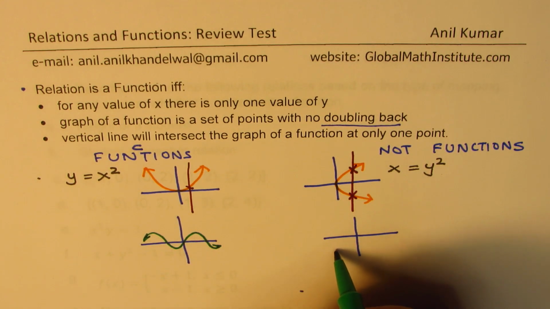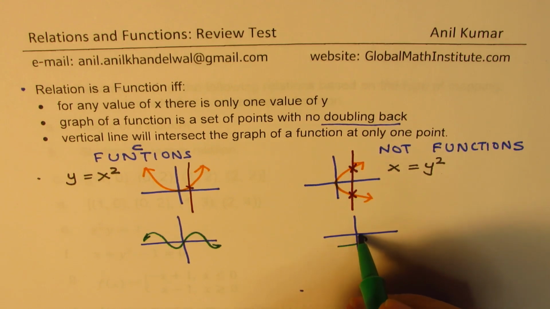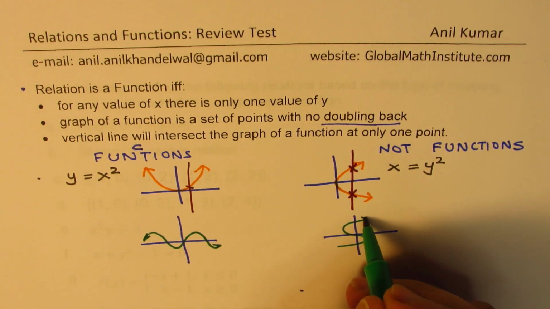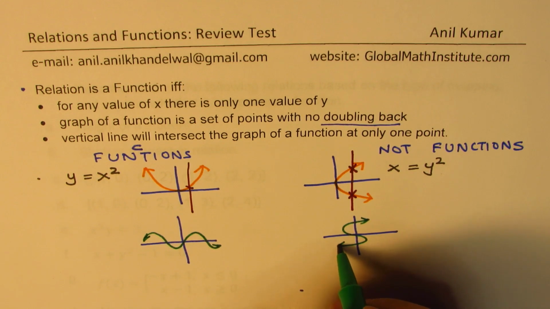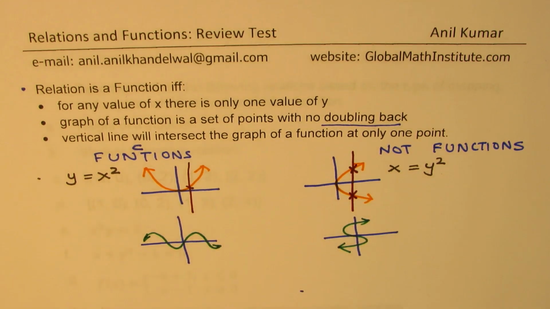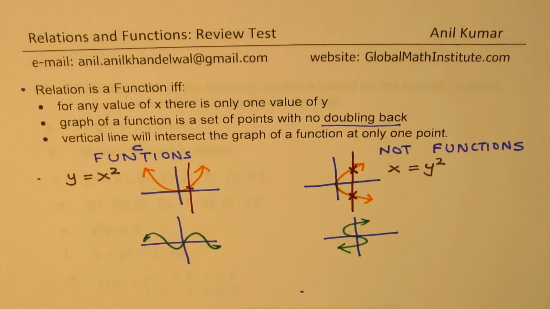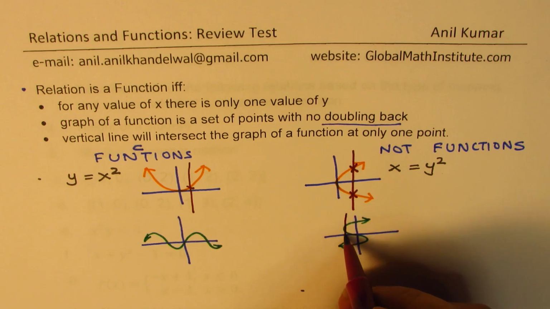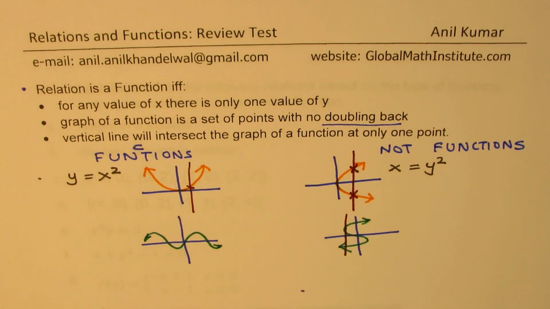However, if I have a wave which is kind of like this, in that case, this is not a function. You can clearly see that it fails the vertical line test. Right? So if I draw a vertical line, it crosses at many points. Is that clear to you?